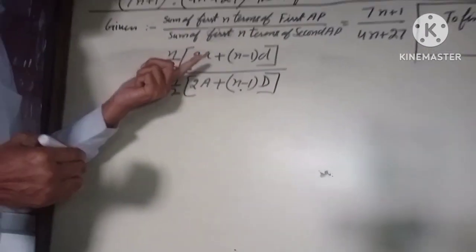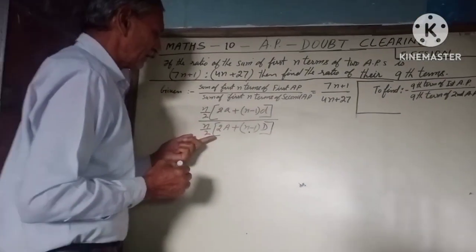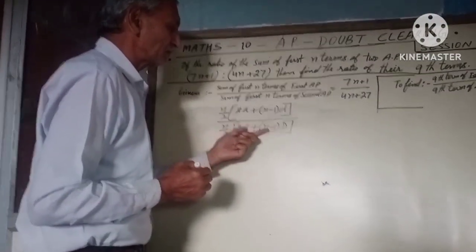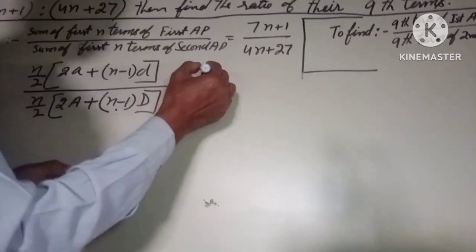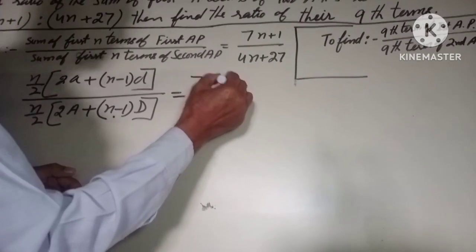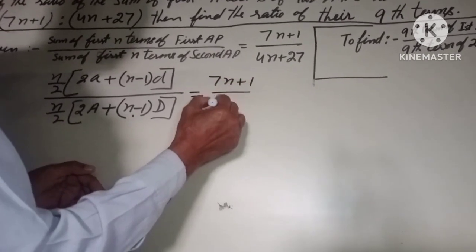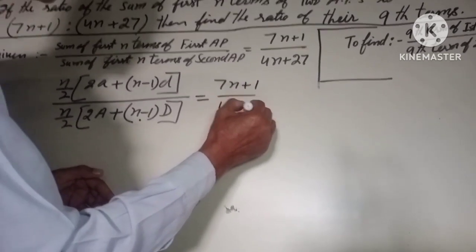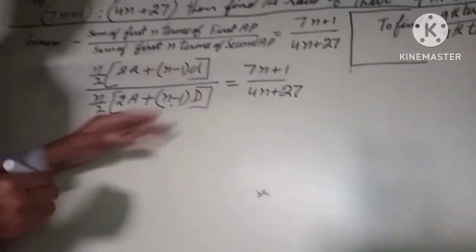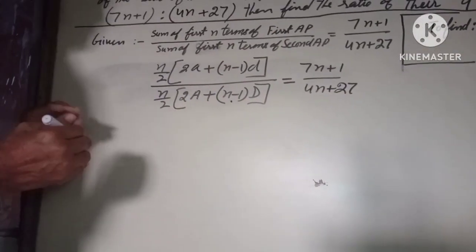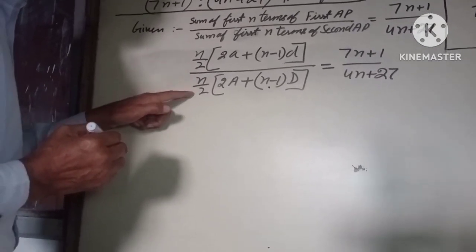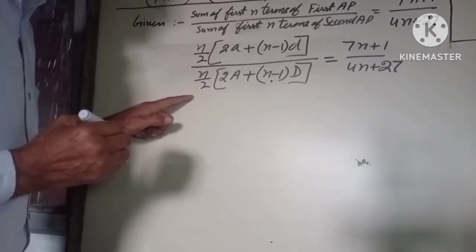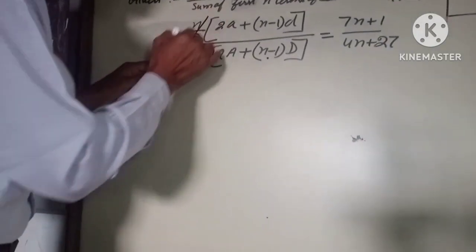So sum of n terms of the first AP ratio sum of n terms of the second AP is equal to 7n plus 1 upon 4n plus 27. This is what we are given. Now can you see that this and this is same? If it is same, you can cancel it out.